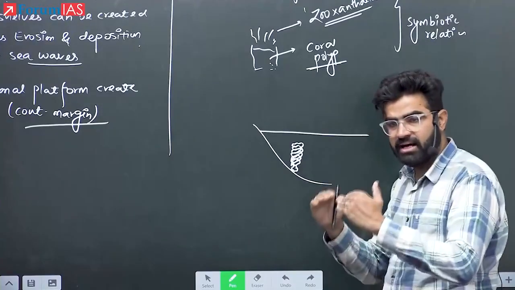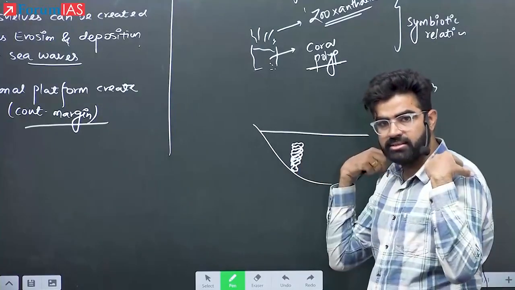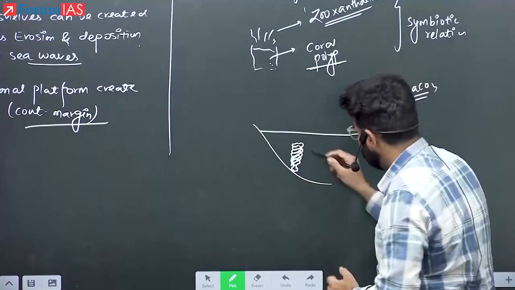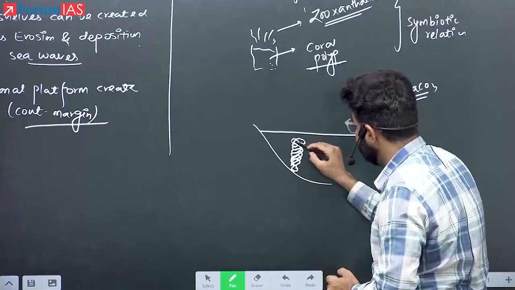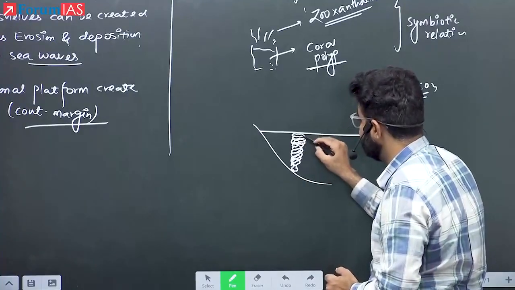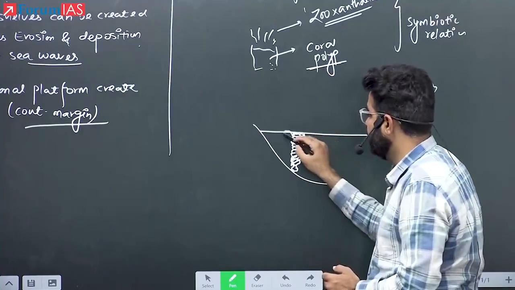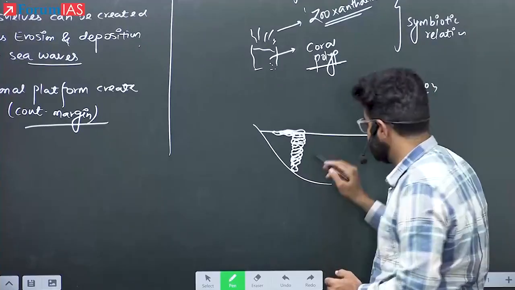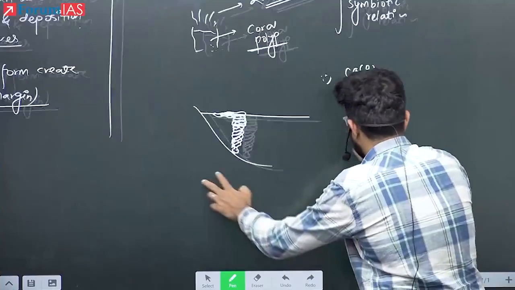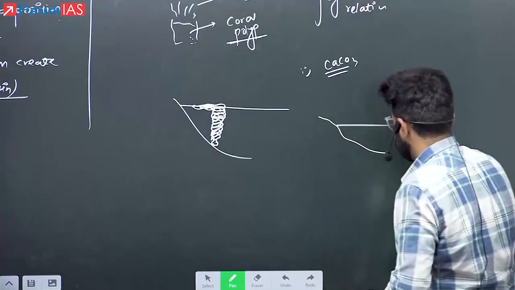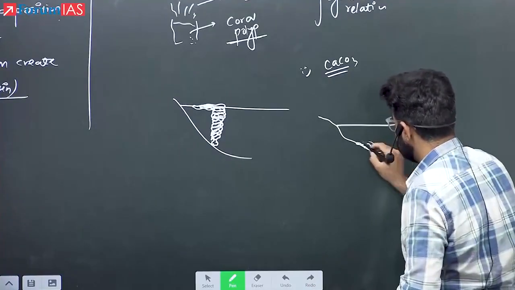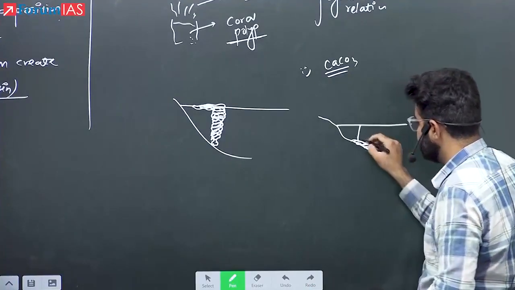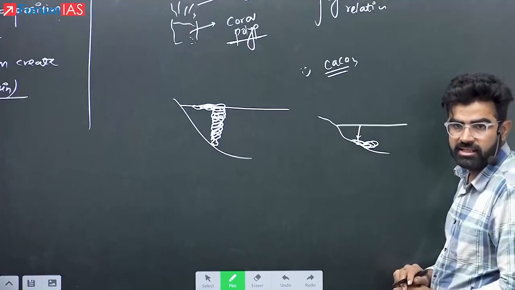So after their death, these organism shells will remain there, and over this shell continuously the height of this area will increase, and ultimately this area may see this type of structure. Sometimes you will see these structures formed here. Can I say it is nothing but again the continental shelves being formed?